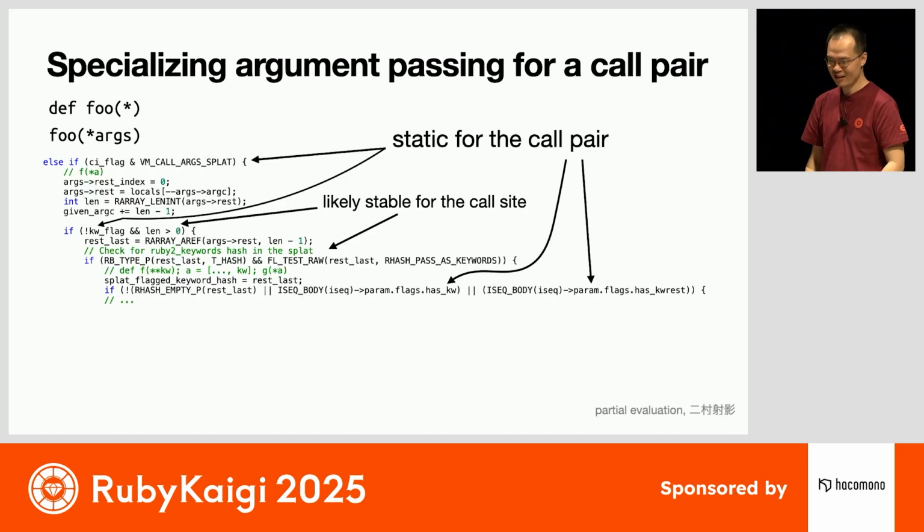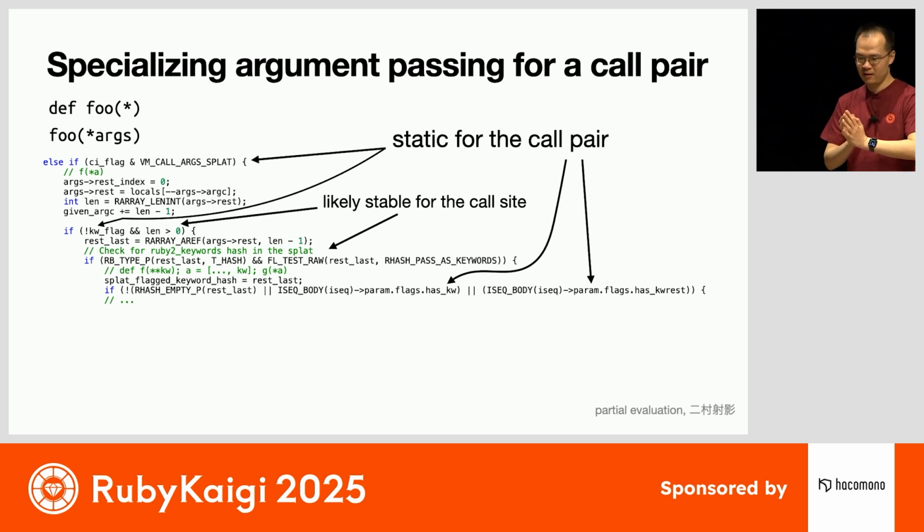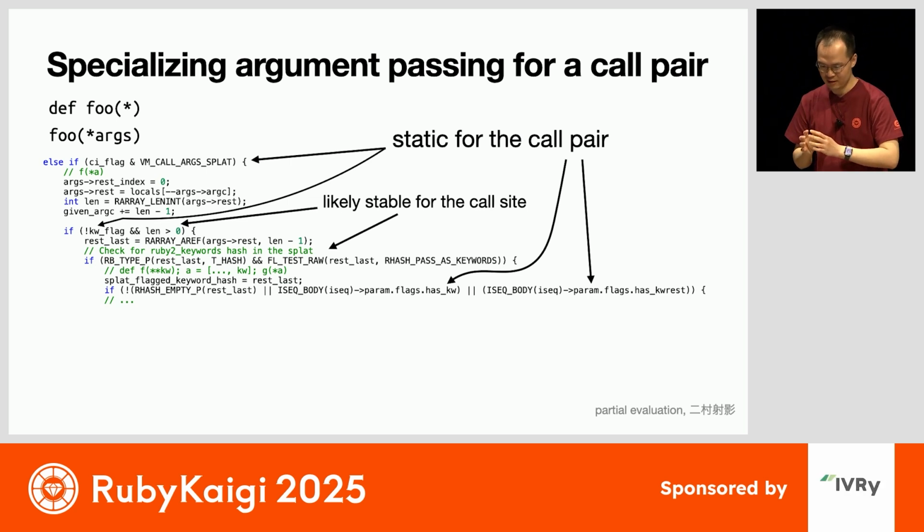We care about exactly what happens in these data variant features, because this is a way to find optimization opportunities. For example, you can optimize by specializing argument passing for each known call pair. So this is an excerpt of argument passing code having to do with splat.